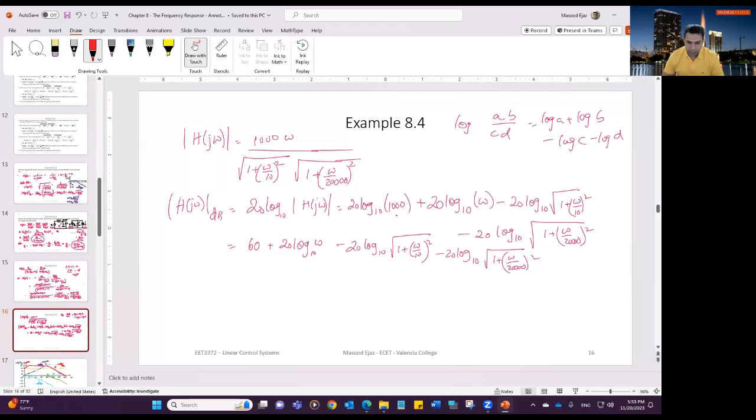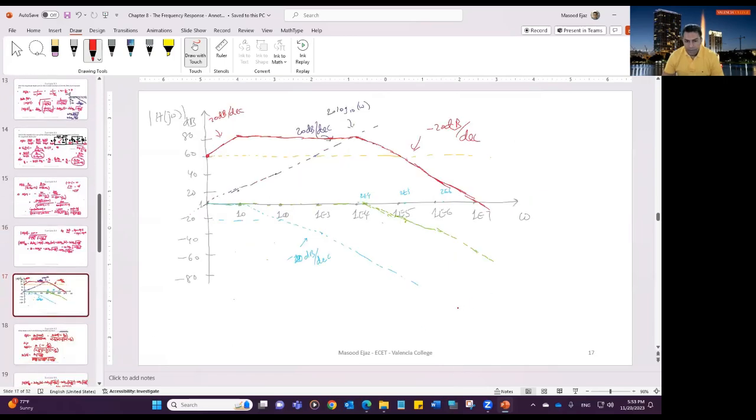Based on that, we went ahead and created the Bode plot, which was something like this. So we have a constant gain, we have a zero, and then we have 2 poles. And then when we added all of them together, we got this response.